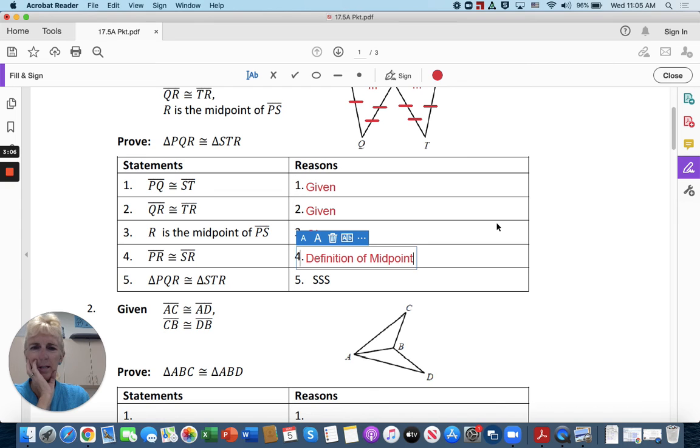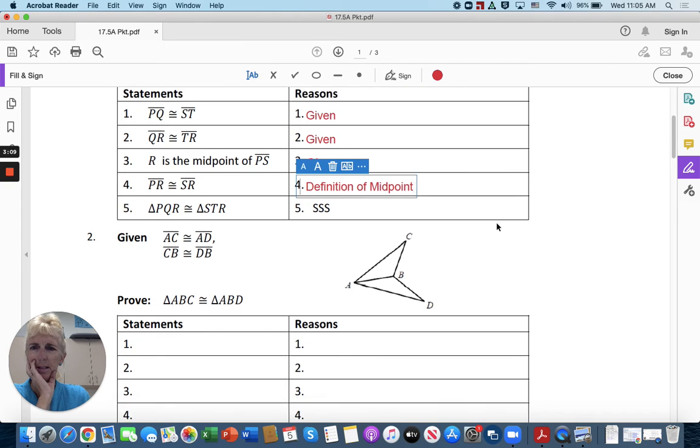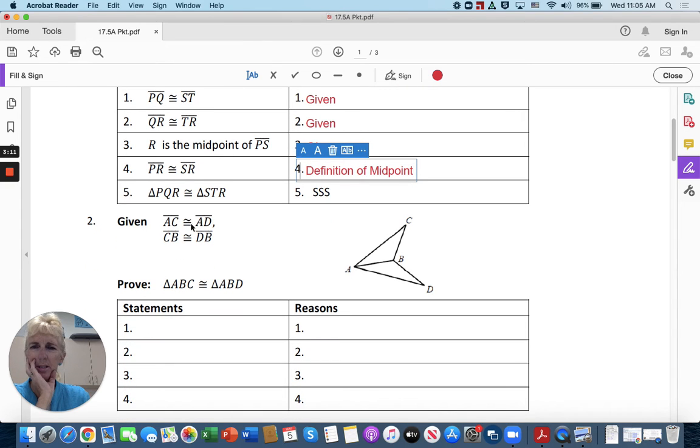All right, let's do another example. AC is congruent to AD. CB is congruent to DB. Prove all of this. Okay, so I'm going to mark over here, given AC is congruent to AD. CB, so that's this one, is congruent to DB.